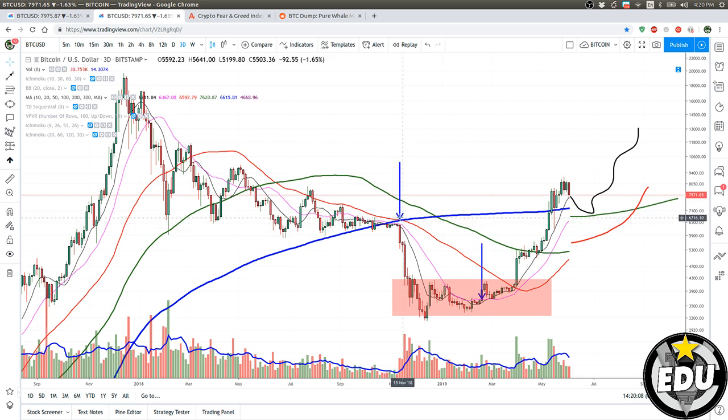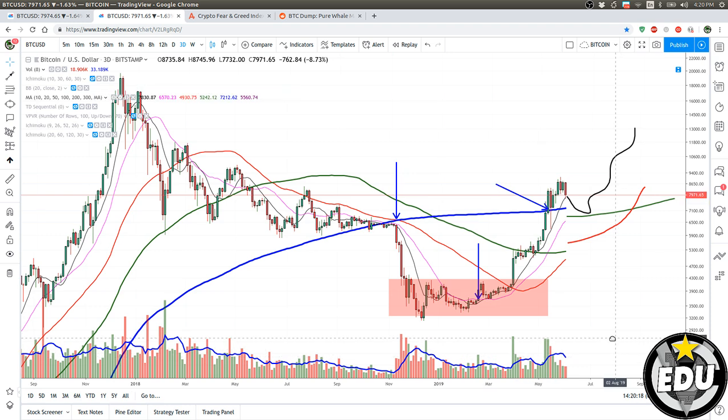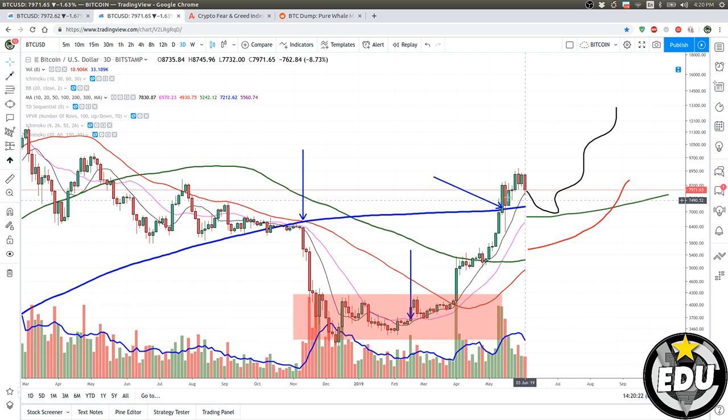It's because it dumped there so hard that I consider the price being above the 200 a good spot. Can it go down to retest? It did once already. It dropped down to 6.1 on Bitstamp. Oh yeah, Bitstamp. That's where the whale sold the 30 million coins.